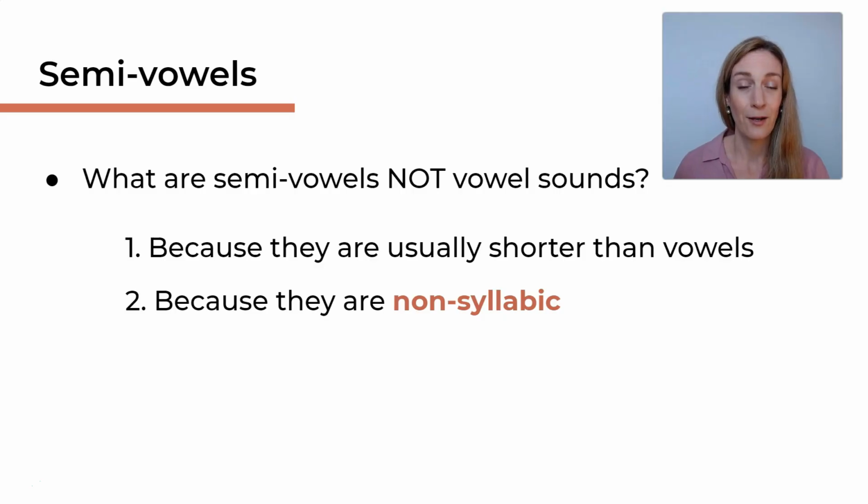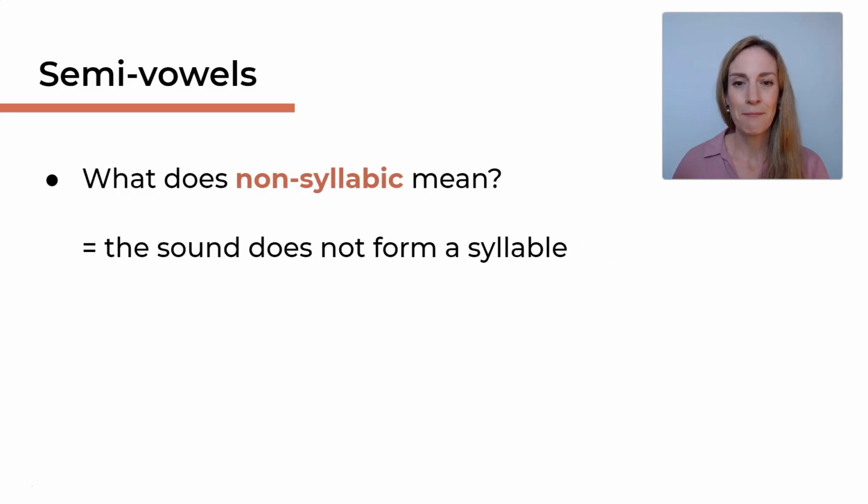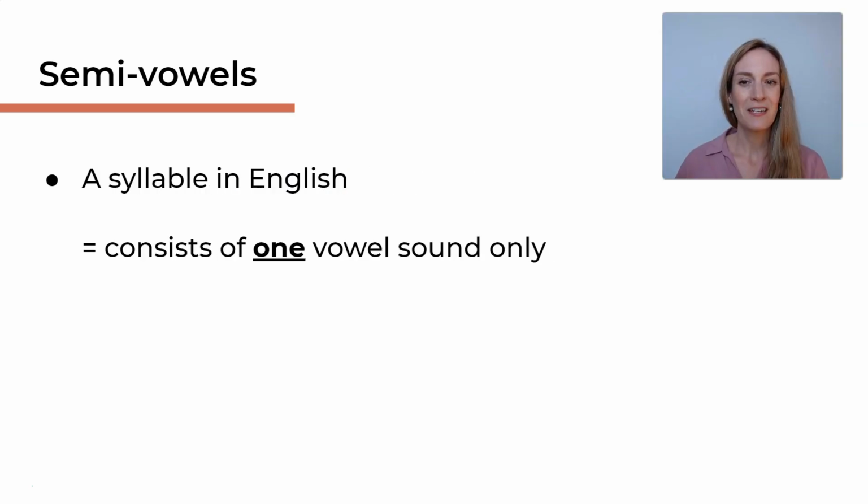Now, I know this is a bit of a complicated term. You're like, whoa, whoa, whoa, what does that even mean, non-syllabic? It's easier than it looks. Non-syllabic really means that this sound does not form a syllable. So vowel sounds, if you know a little bit about vowel sounds, you might remember that vowel sounds really form a syllable in English.